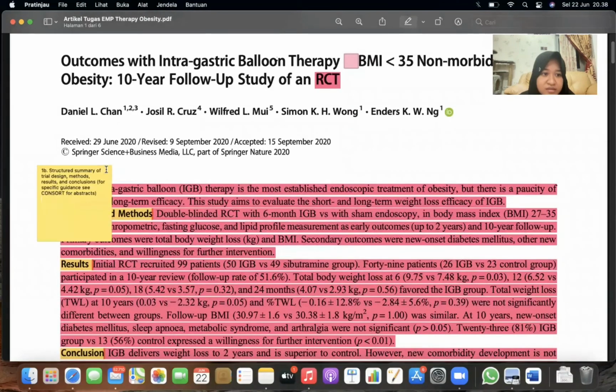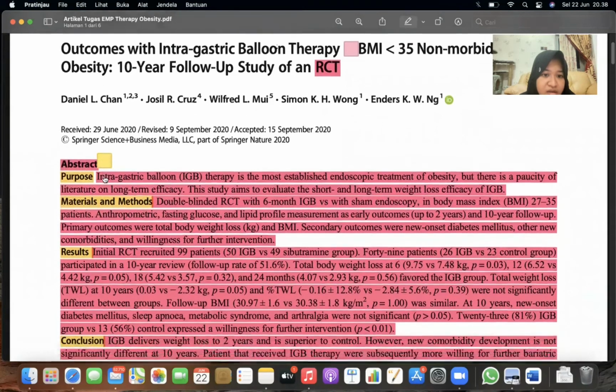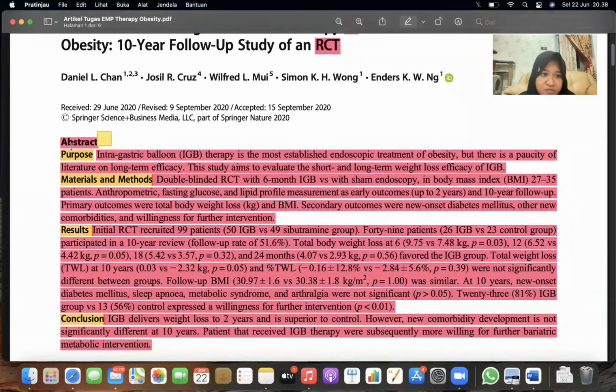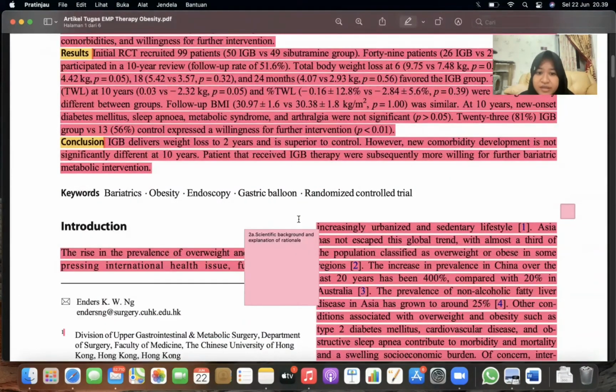So next, checklist number 1B, structure, summary of trial design, method, result, and conclusion. Here we can see in the abstract: purpose, material and methods, result, and conclusion. The next is number 2A, scientific background and explanation of rationale.